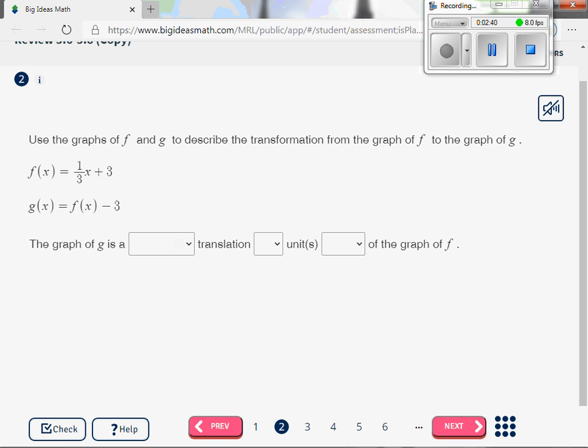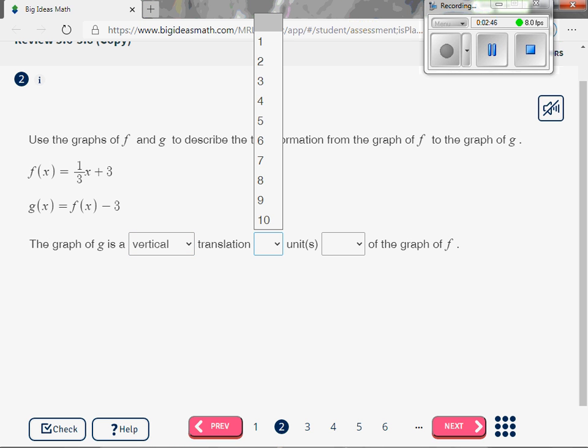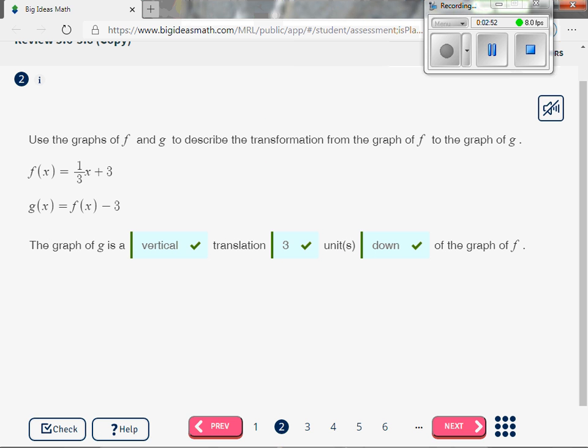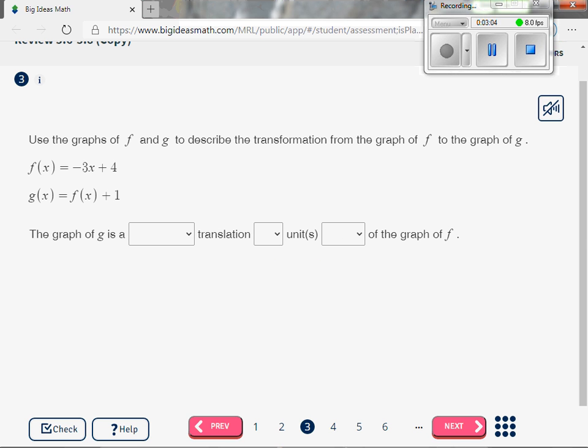So this would be a vertical translation, and it would be 3 units down, because minus 3, negative, is down, since it's outside. Outside is up and down. Since it's negative, it's going 3 units down.